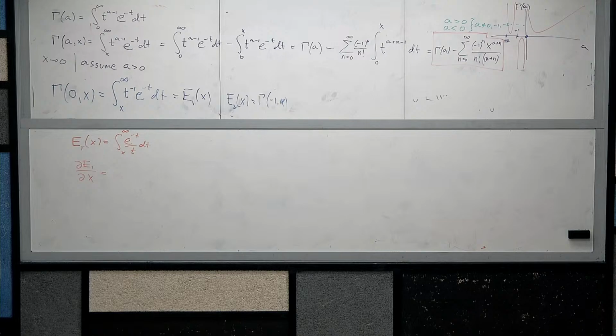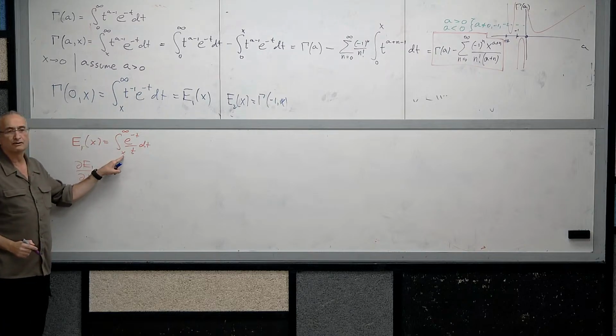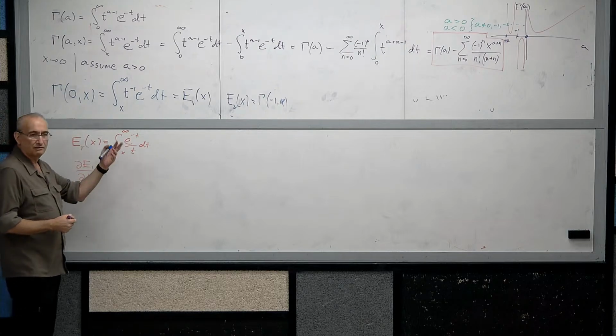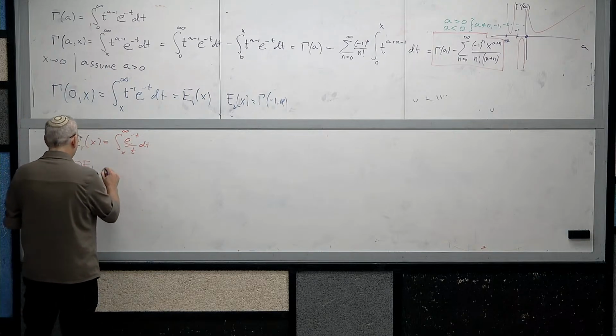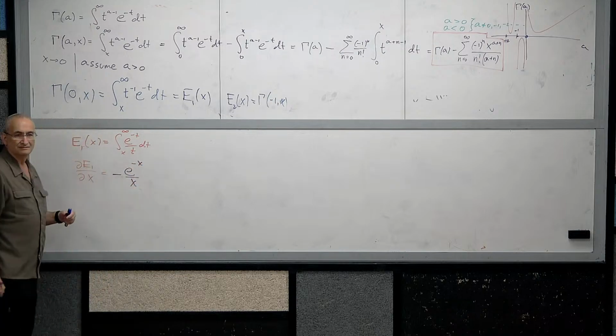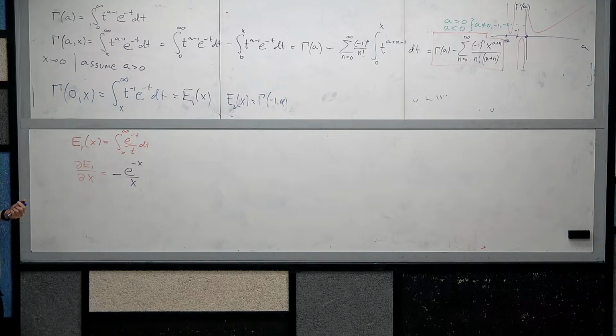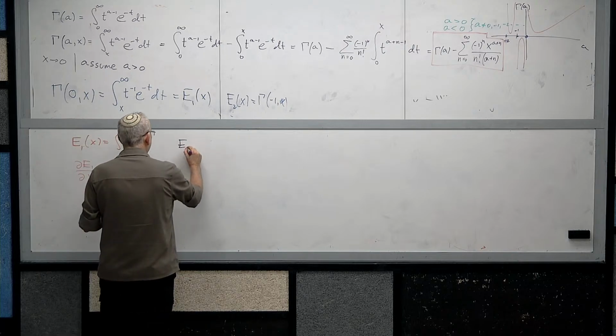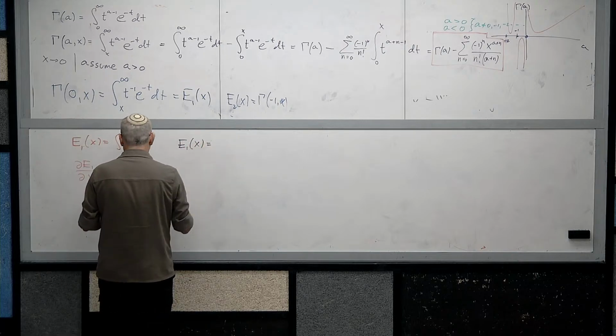This is very simple, right? How do we take the derivative with respect to the boundaries? We just plug in the boundaries, and this is the lower bound, so it comes with a minus sign. So dE1/dx is simply minus e to the minus x over x. Very simple. Now we have to find what E1 of x will be.